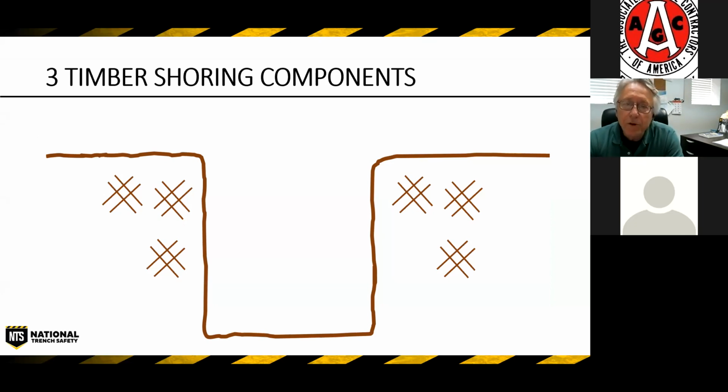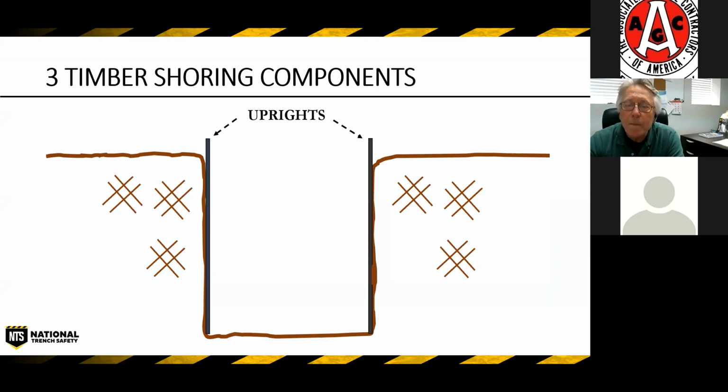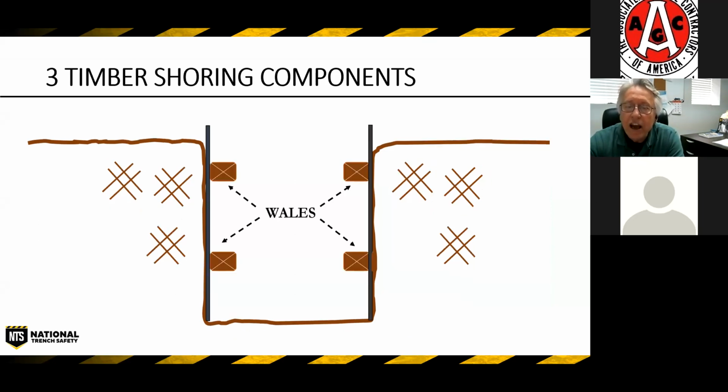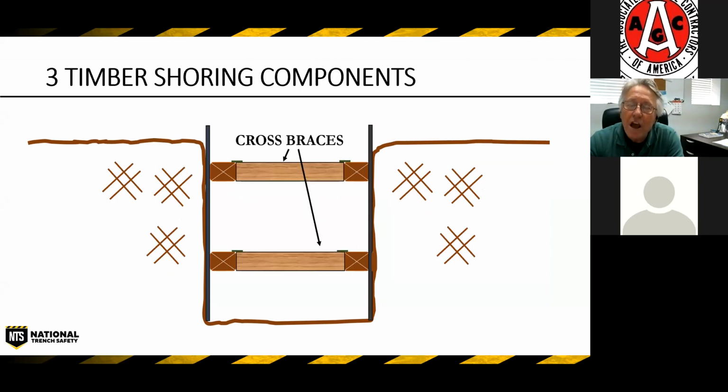A timber shoring system has three components. We have the uprights. These are planks or boards that are going to be pushing against the face or side of the trench. And then we have the horizontal structural members called wales, and then pushing against those wales are going to be the structural cross braces.